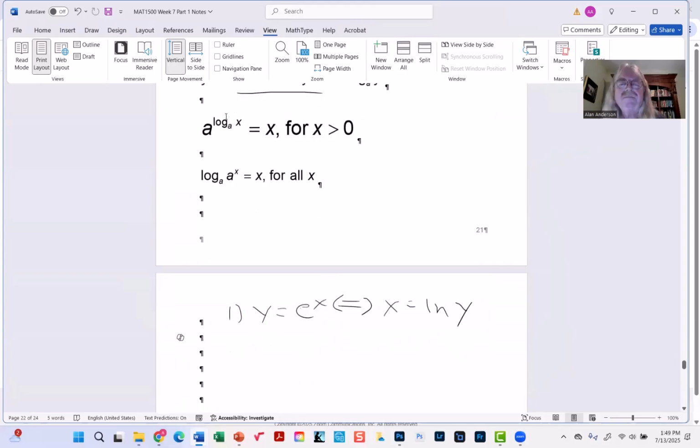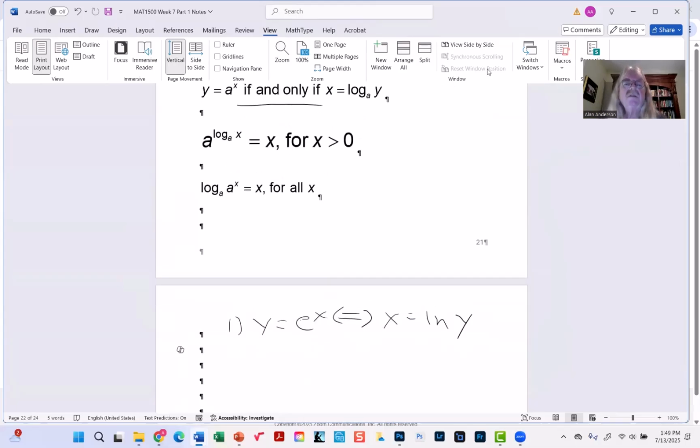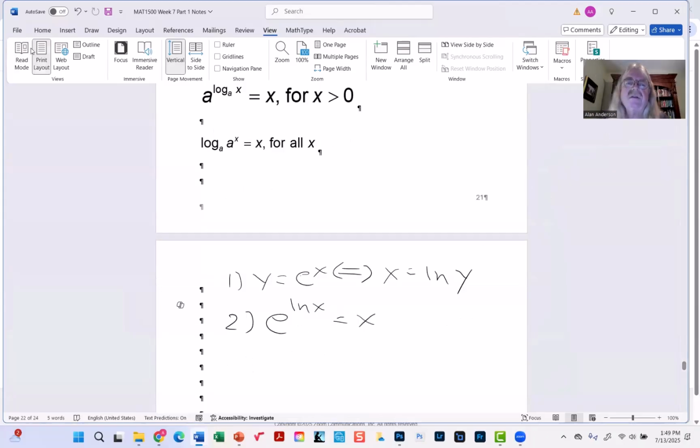Okay. Number one, if y equals e to the x, that implies that x equals natural log y, and vice versa. For number two, e to the log x equals x, as long as x is positive, because we have to stay in the domain of the function. The domain of the log of x is 0 up to infinity without including the 0.